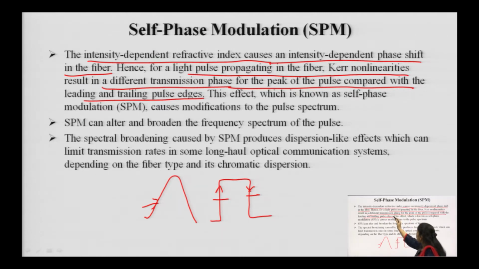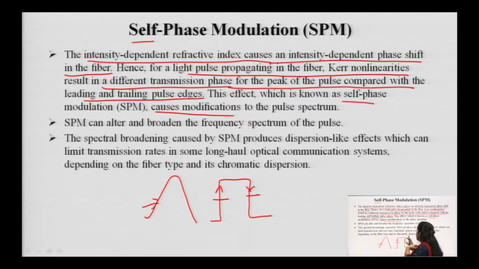Again, why is it called self? We have understood why it is called phase modulation. This effect is known as self phase modulation because it does not interact with another pulse. Whatever change is occurring is within the single pulse itself, and it does not interact with any other pulse.